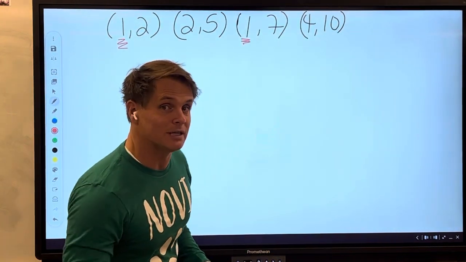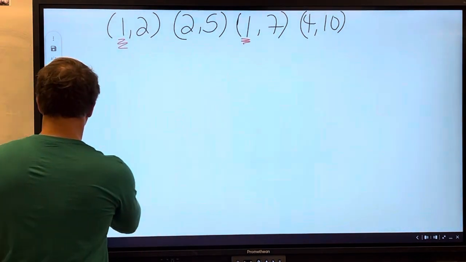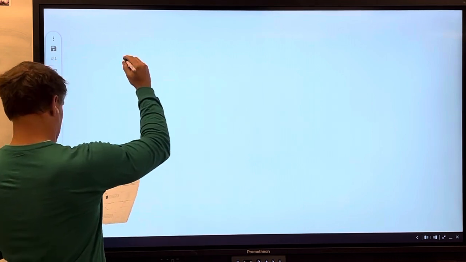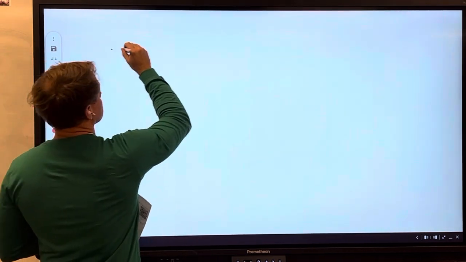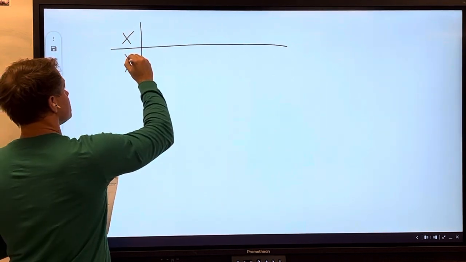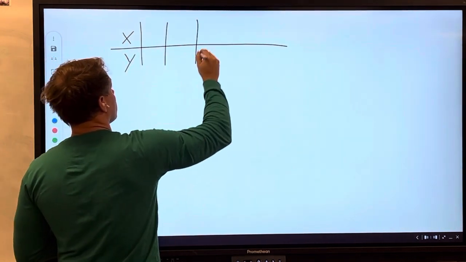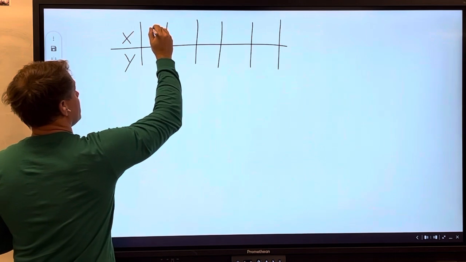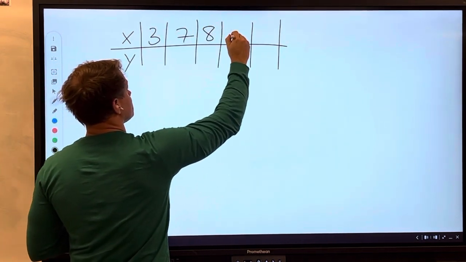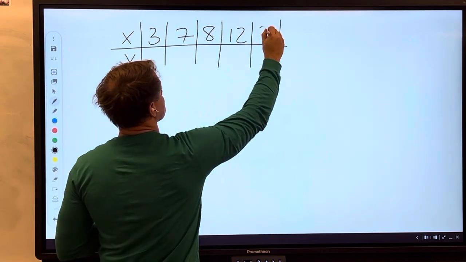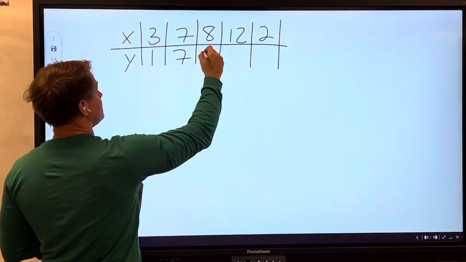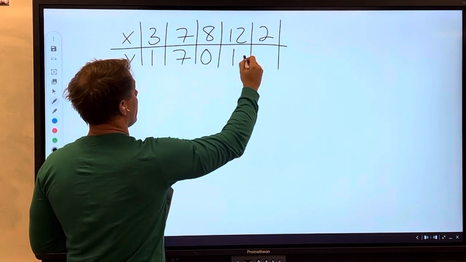To give you another example, let's say I have a table with x and y, and my x values are 3, 7, 8, 12, and 2, and my y values are 1, 7, 0, 1, and 10.